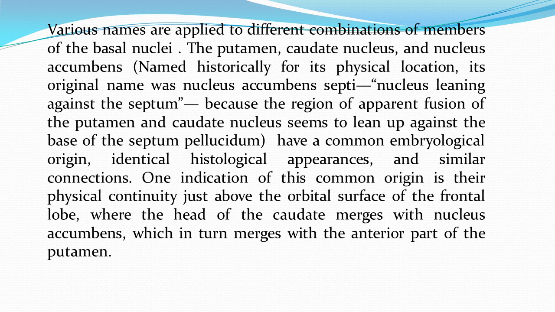The nucleus accumbens part is known as ventral striatum because it lies ventral to the putamen. This nucleus accumbens is related with the limbic system.